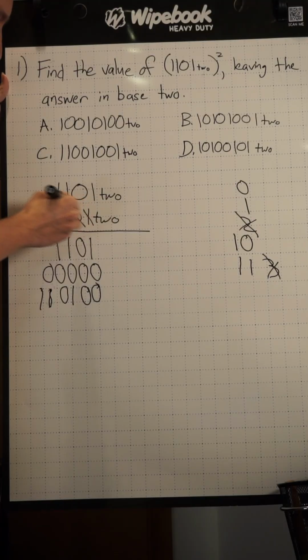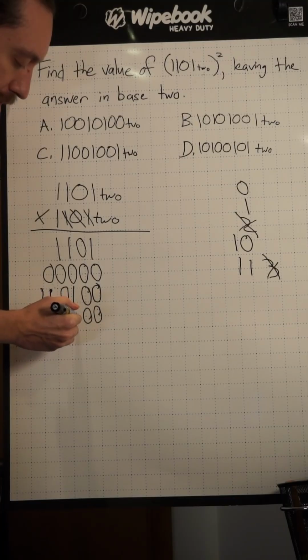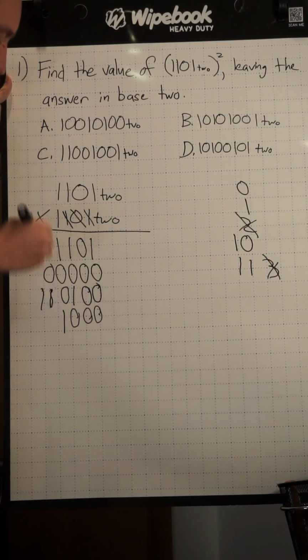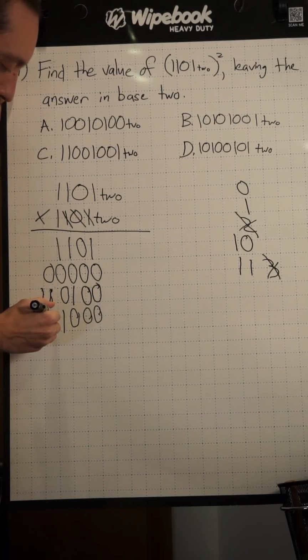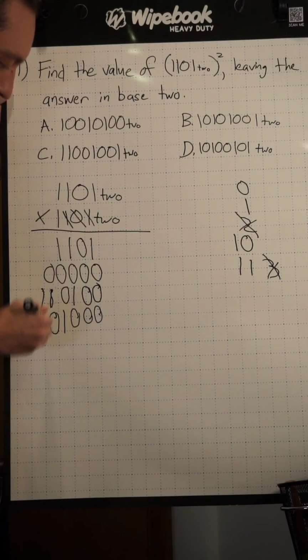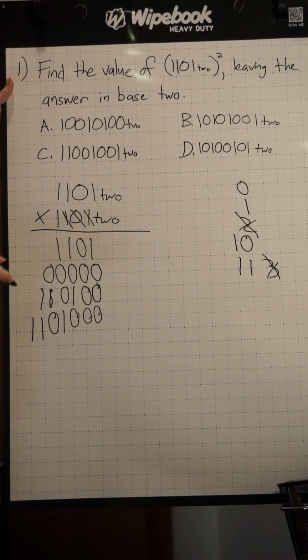And now the last one, we're going to multiply by this one, so we put down 3 zeros. Okay, and then we start to multiply. 1 times 1 is 1. 0 times 1 is 0. 1 times 1 is 1. And the final one, 1 times 1 is 1.